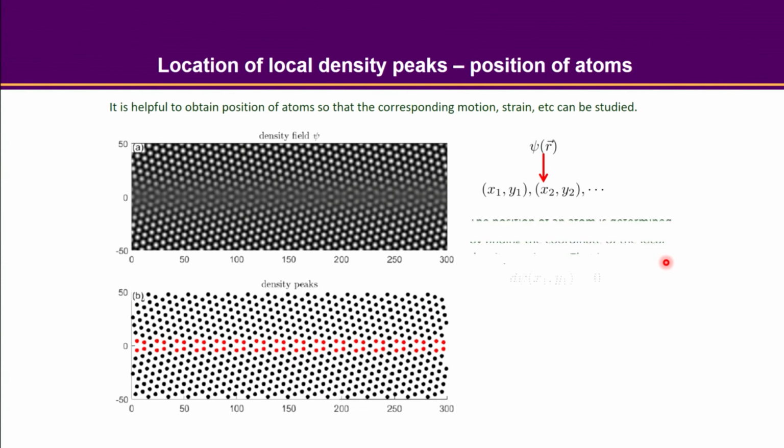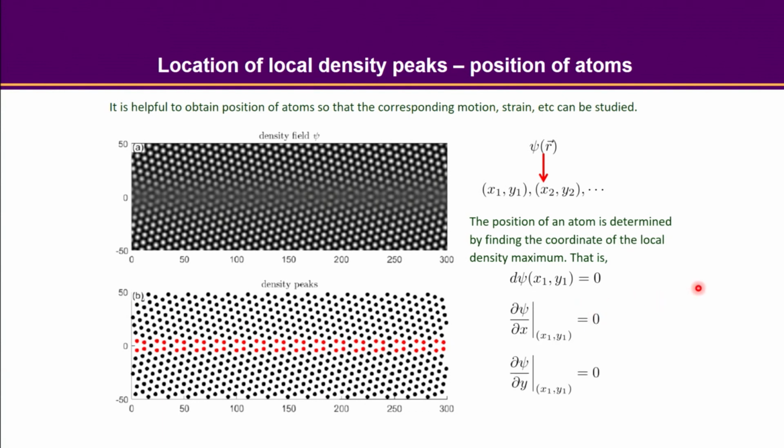So how to proceed? Straightforwardly, we know that the local maxima or extreme values satisfy that the local variation of the density field must be 0 because it's an extreme value, right? Or you can write that as the partial derivatives of psi with respect to x and y. If a place is a local maximum or minimum, they are going to be 0. But of course, we don't care about the local minima.